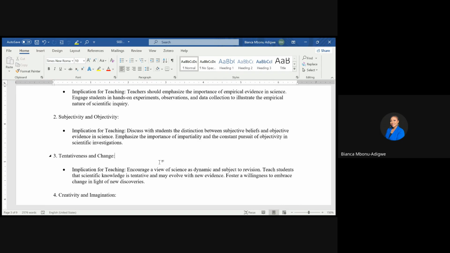So, as a science teacher, how does the dynamic nature of science affect you? What is the implication of that in your class? You have to teach students that scientific knowledge is tentative and may evolve with new evidence. I was discussing something with somebody about surrogacy, IVF, and all that, and I said, I am like 70% sure that 10 years ago we didn't know what surrogacy was all about in Nigeria.